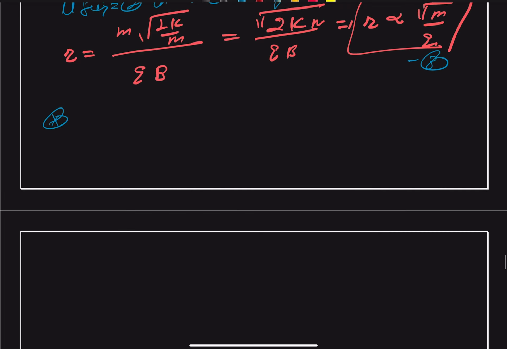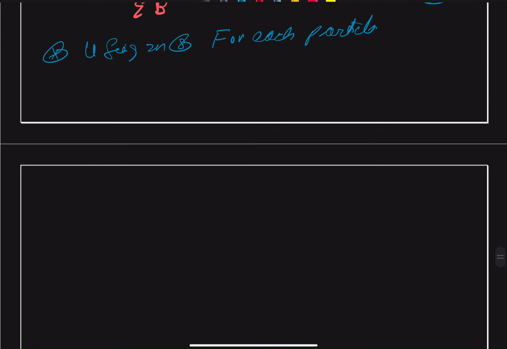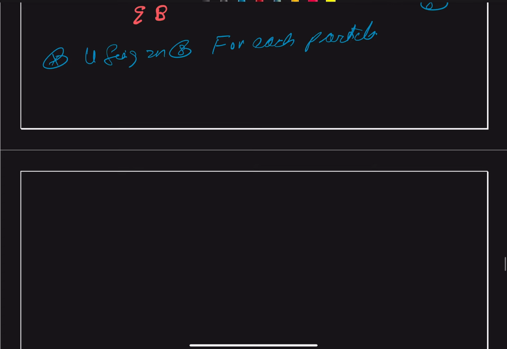Using equation 3 for each particle, we are given a deuteron, an alpha particle, and a proton.